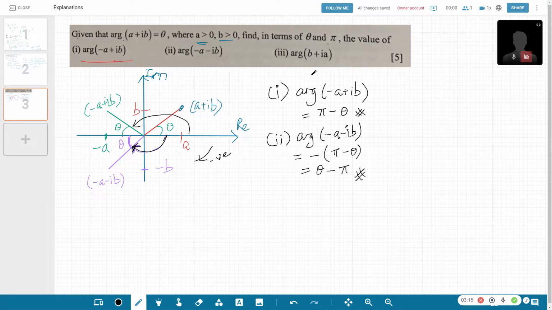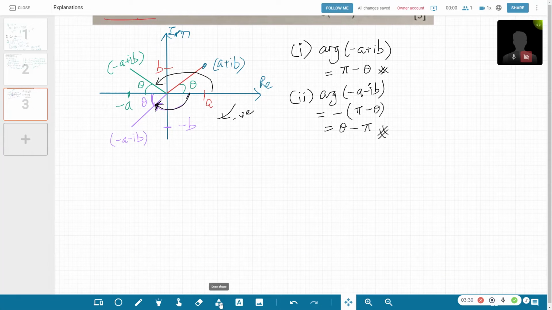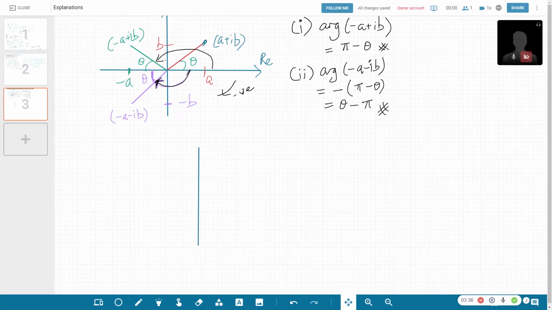Now part 3, b plus ia. Let me redraw the Argand diagram quickly. You can see that the x and y directions change.